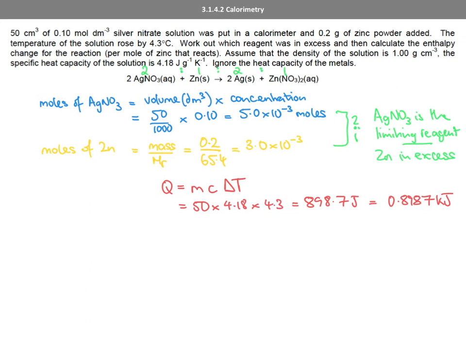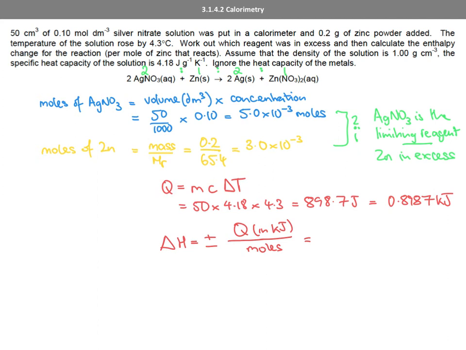So let's write our second equation out. It's plus or minus because we're going to make the decision about whether it's an exothermic or endothermic reaction in a second. We've got the energy transfer in kilojoules divided by the moles, but this question is asking us per mole of zinc, so it's the number of moles of zinc that took part in this reaction.